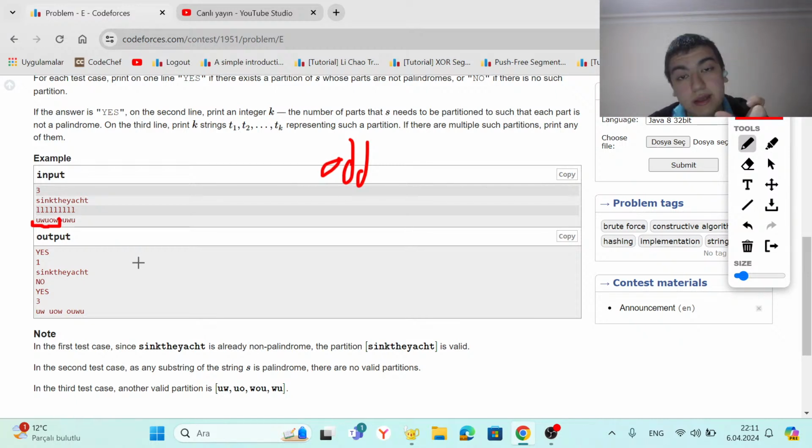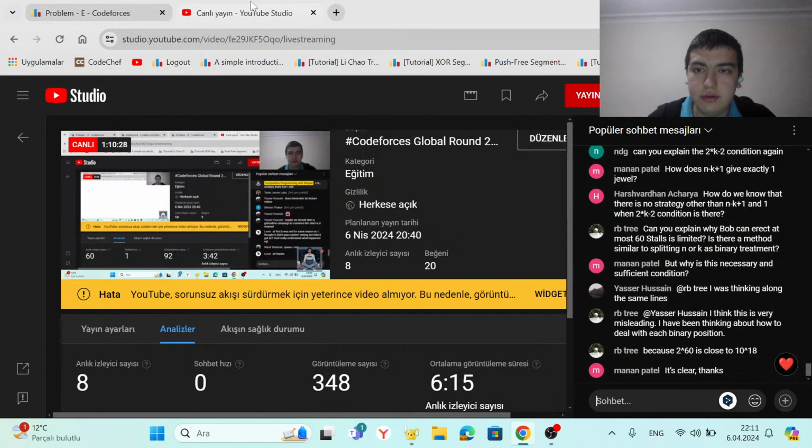If it is not a palindrome, we can output it, and if it is a palindrome, we can divide it by half and use the same technique that we have mentioned, so that you can solve the problem.